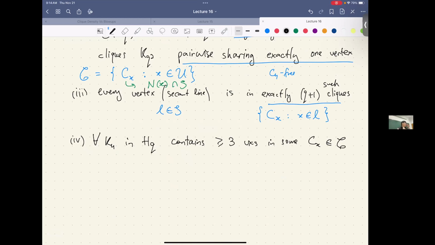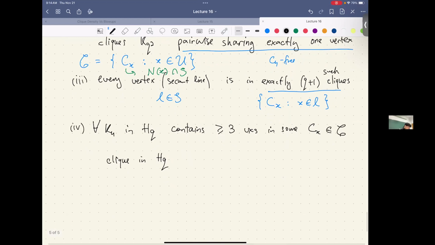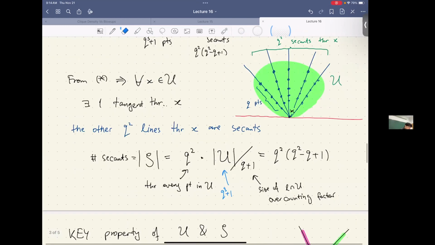A clique means a maximal clique in HQ. What are the vertices in HQ? They are the lines, and vertices being pairwise adjacent means they pairwise intersect at a point in the unital. So a maximal clique is actually this picture that I drew already here.